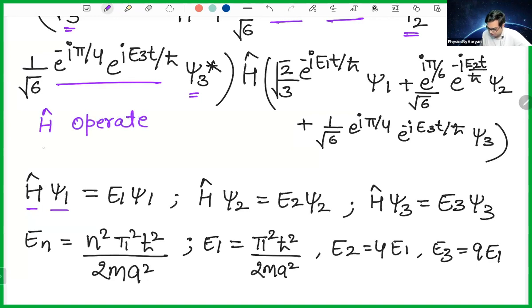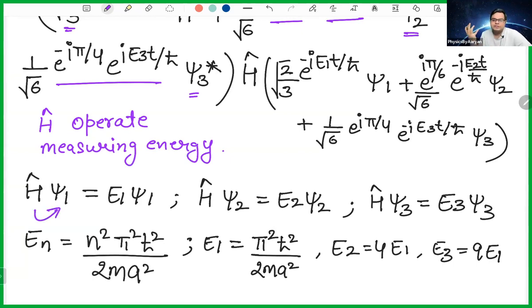H cut operate means you are measuring energy. So when H cut operates on state 1, what is the energy that you will get? Then in that case, you say E1 into phi1. So you will get energy E1.